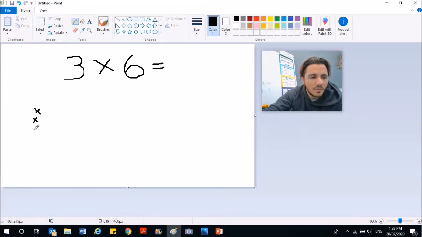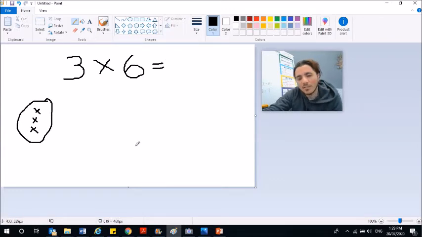So I've got 3, and I need to multiply it 6 times. So it means I'm going to have 6 groups. There's one group already, my 3 that I started with. Remember, multiplication is like cloning. So I need to make sure that I've got 6 that look exactly the same, 6 equal groups of 3. So we're timesing 3 6 times.